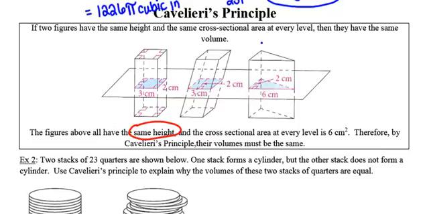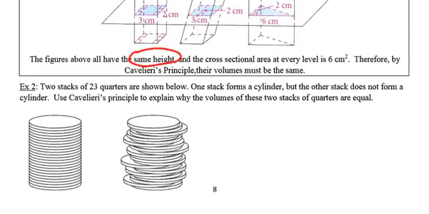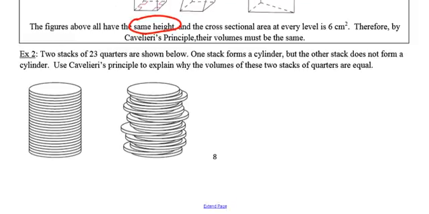All right, so in looking at this question down at the bottom of page 8, it says 2 stacks of quarters are shown. One stack is stacked neatly and forms a cylinder, where the other stack is not quite so tidy. They want us to use Cavalieri's principle to explain why the volumes of these 2 stacks are the same. Well, these guys are going to have the same exact volume because they both have the same number of quarters, meaning that they're going to have equal heights.